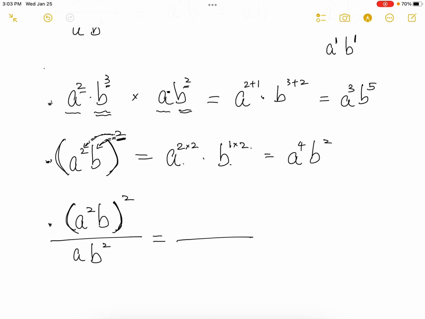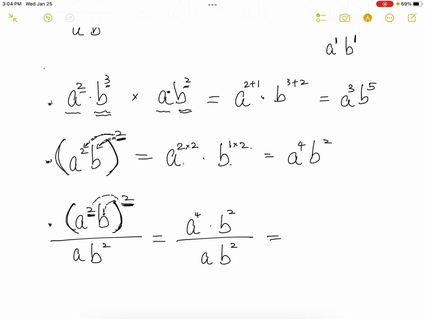So the bottom, leave it untouched. The top becomes, again, this 2 here gets multiplied into every term for the exponent. So this is going to be 2 times 2, which is 4. 2 times 1 here, which is 2.